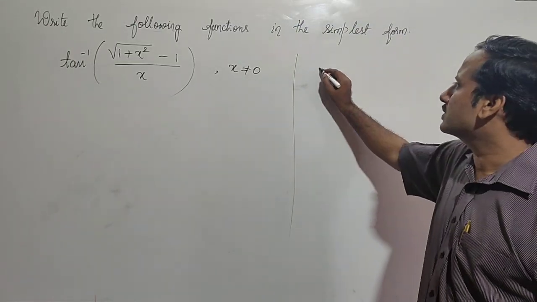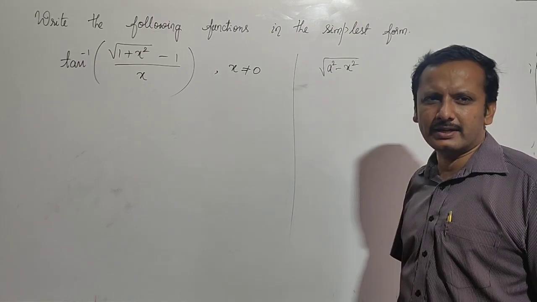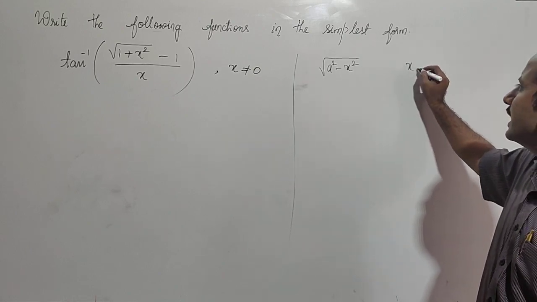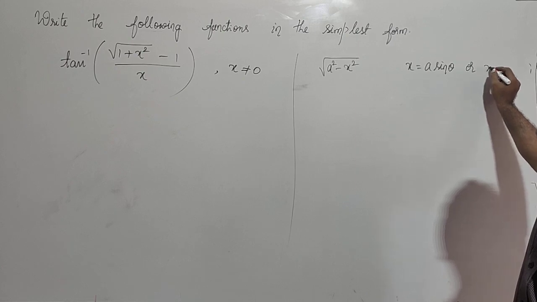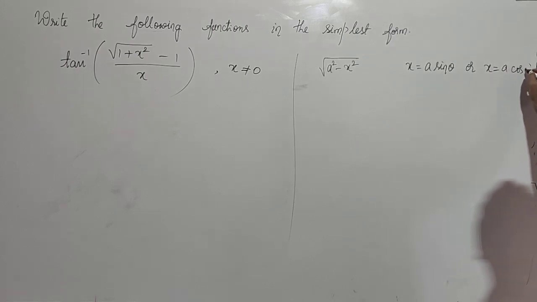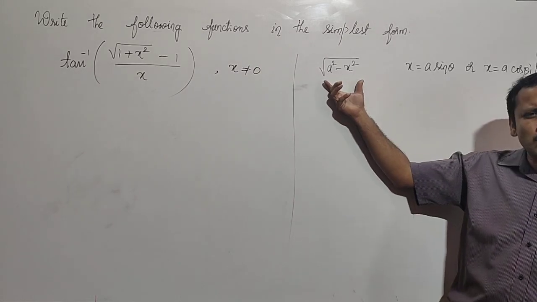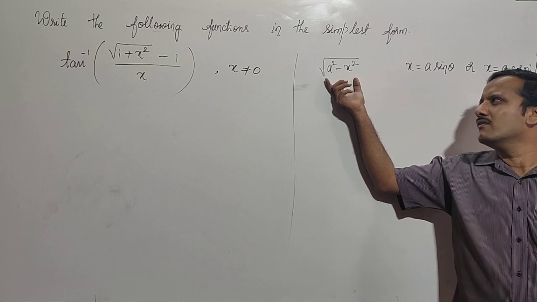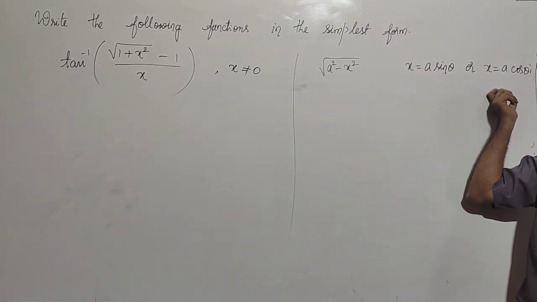If you come across root of a square minus x square, then the substitution is either x equal to a sin theta or x equal to a cos theta. Whenever you have this expression, in order to simplify it, we make the substitution x equal to a sin theta or a cos theta.